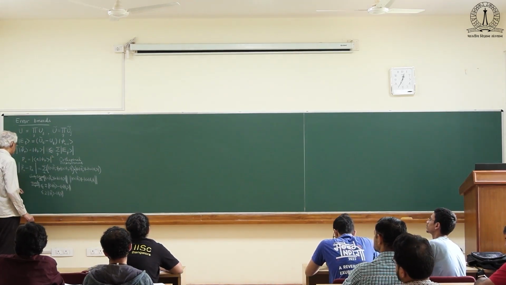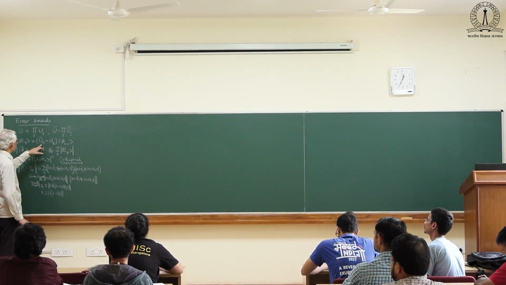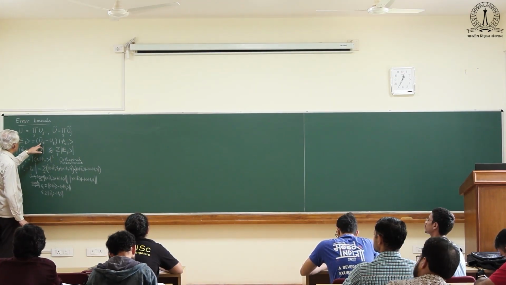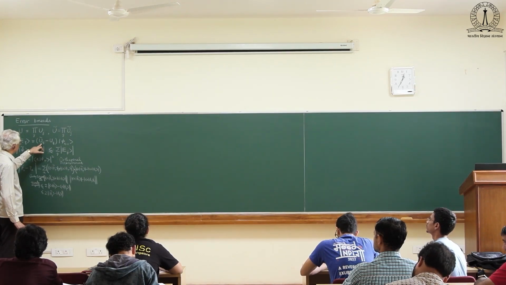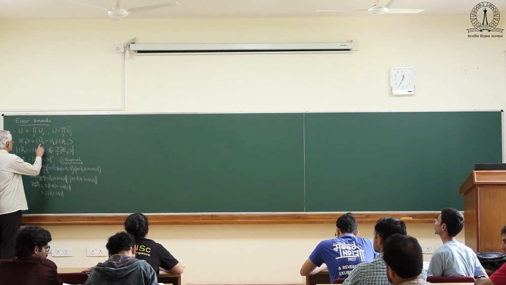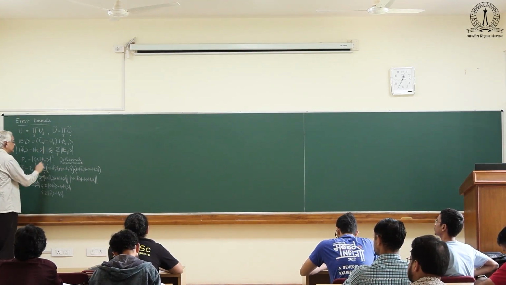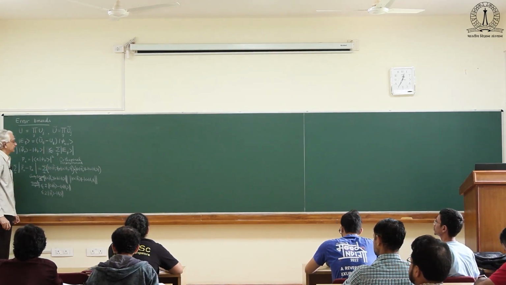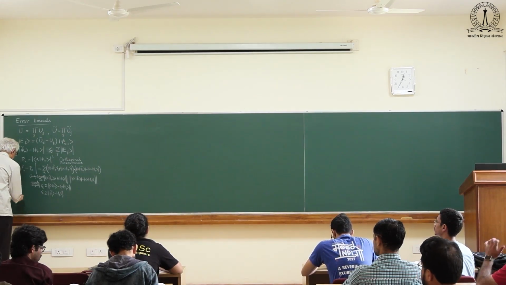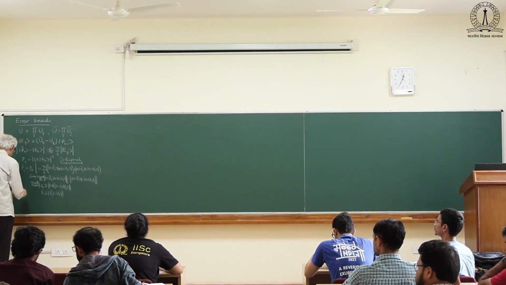Okay, so now I wrote down one result. What is this particular length of the vector? It will be given as a difference of these two matrices, which can be characterized in terms of their eigenvalues.